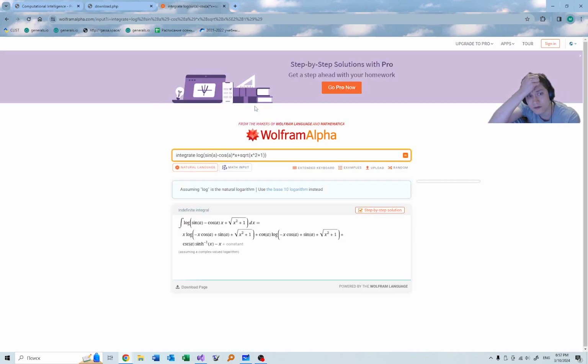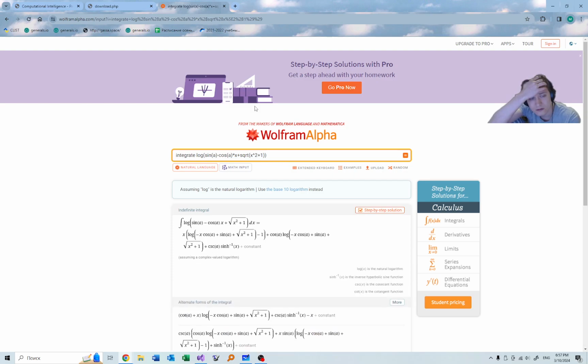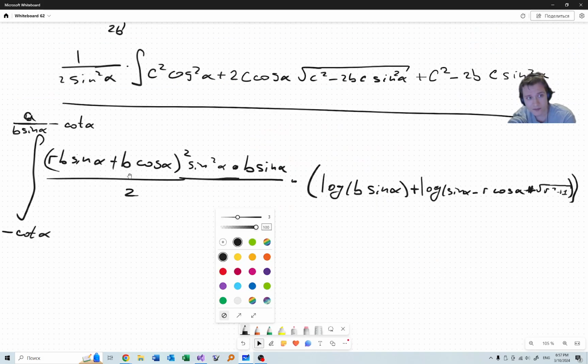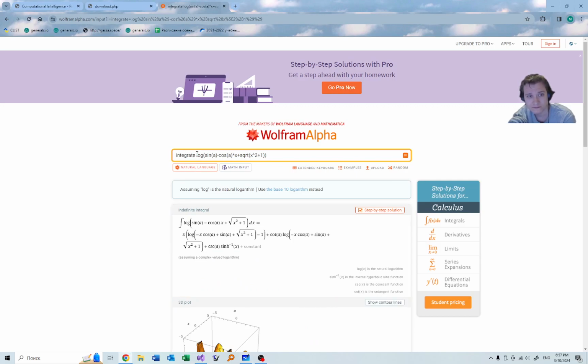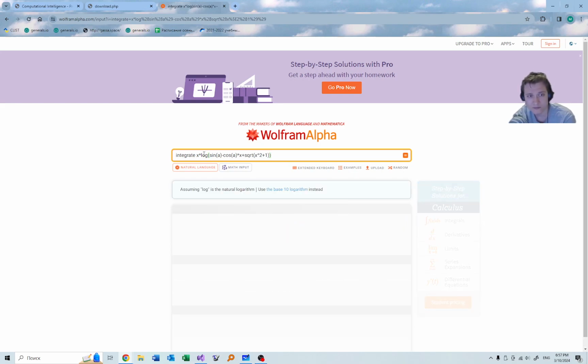So is it possible? Ah, it is possible. Okay, not only that, we also need the same thing for r squared and r. And it should be also possible.